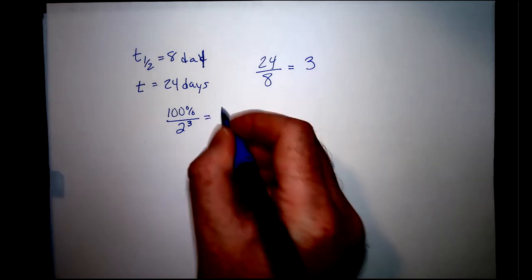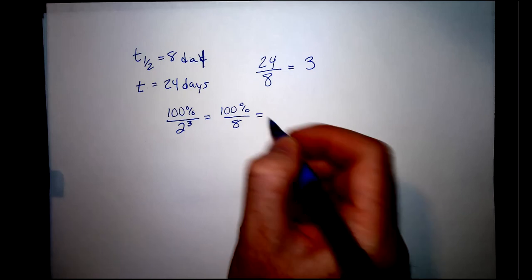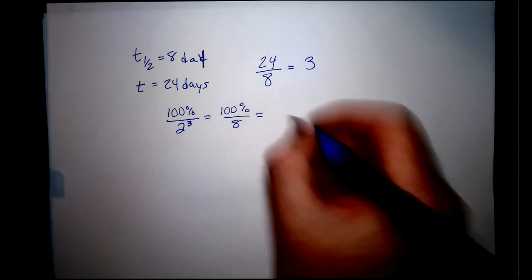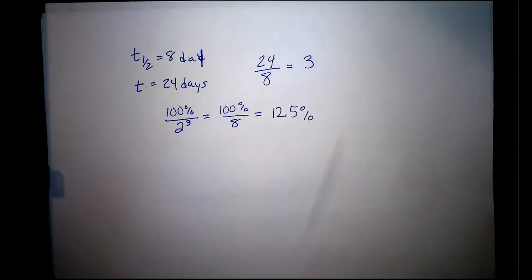Or you're going to say 100% divided by 8, because 2 cubed is 8. And so you're going to say 100 divided by 8 is 12.5% of the original amount left.